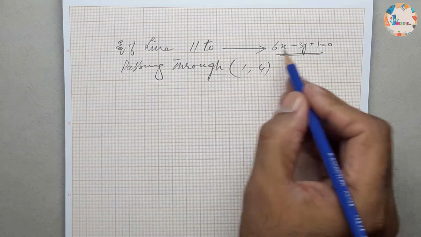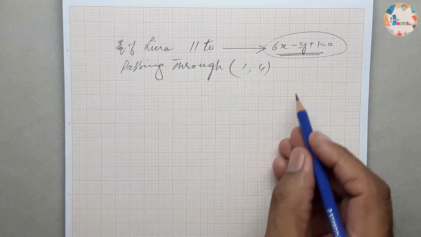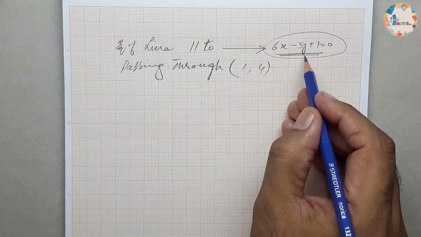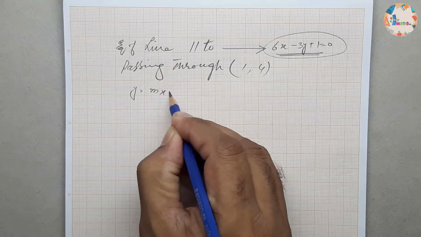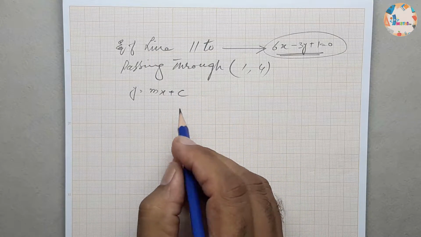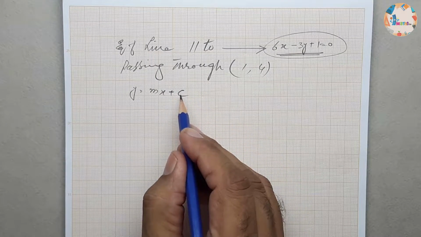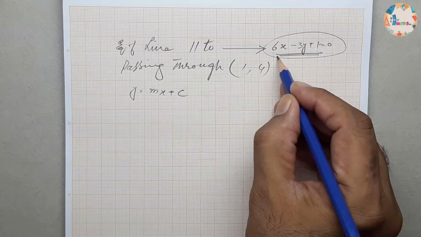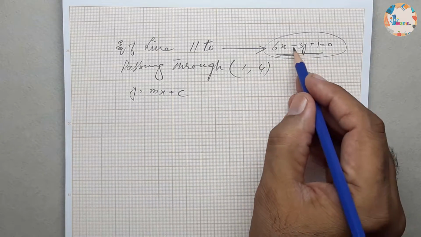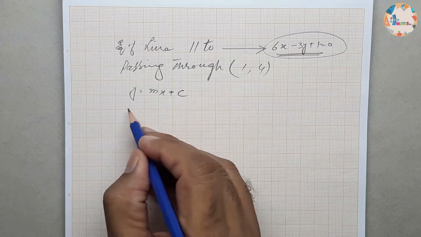So before using this equation, we'll have to change this equation into y is equal to mx plus c format. In some books they are mentioning b. So we have to change this one. Minus 3y, I will switch to the other side.